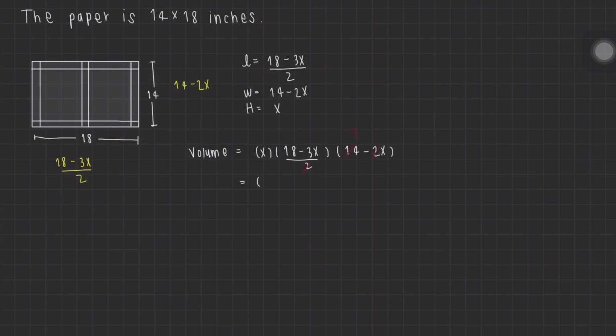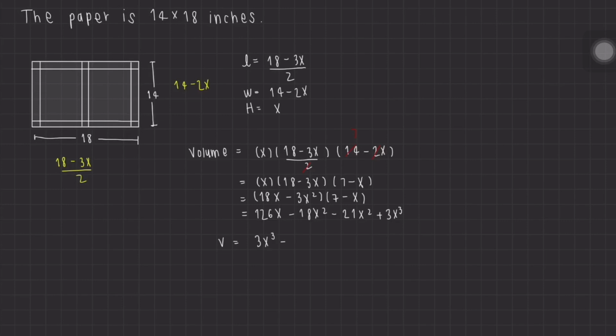We expand those and got 3x cubed minus 39x squared plus 126x. After that, we differentiate and got 9x squared minus 78x plus 126. Pull the 3 out and find the answer.